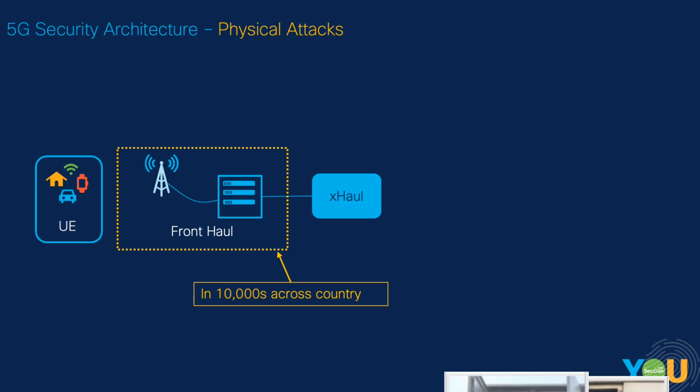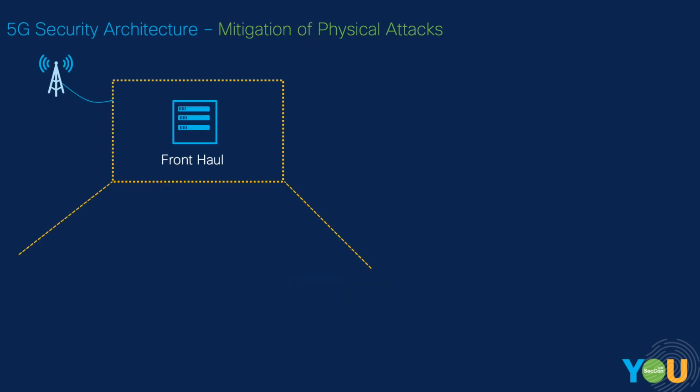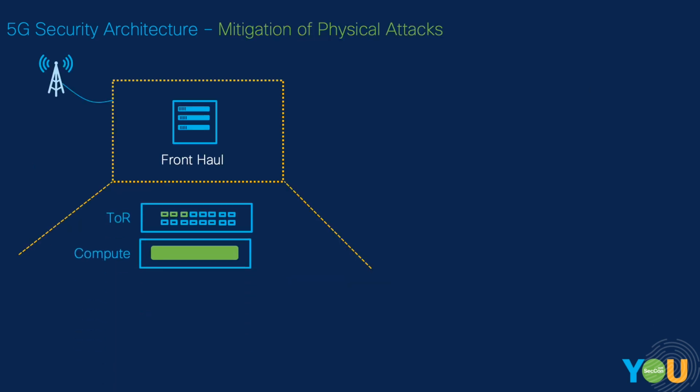So let's say we find one and we're able to bust it open. What would we find inside these cabinets? More likely than not, you will find a switch and a compute. You would have a switch or a router which has ports that connect back up to the RAN, and then you have the compute where your workloads may be residing.